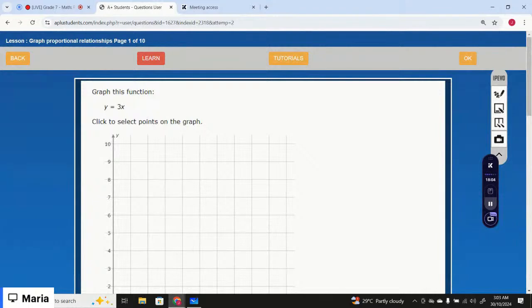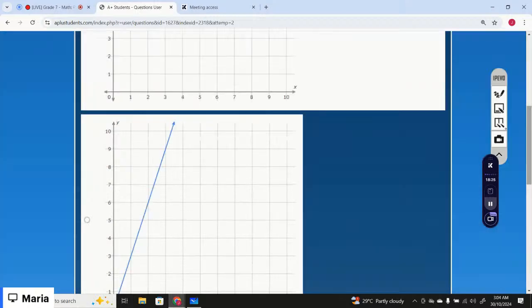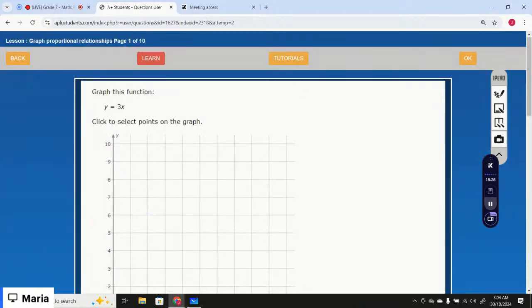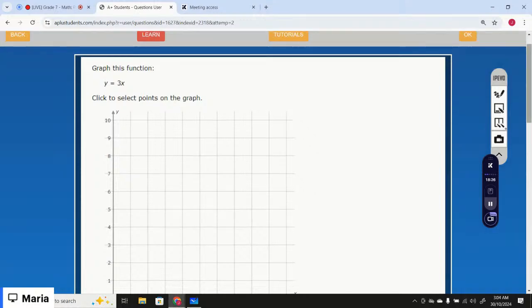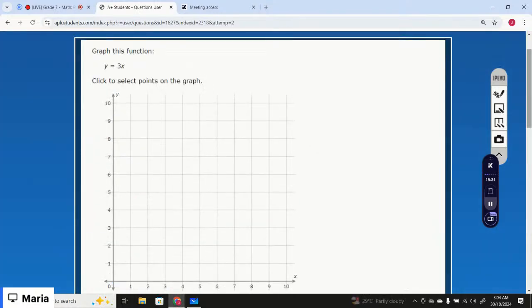Graph this function y equals 3x. So let's just make a graph, substitute different values of x so that we can have different values of y. Then let's see which is the correct option.